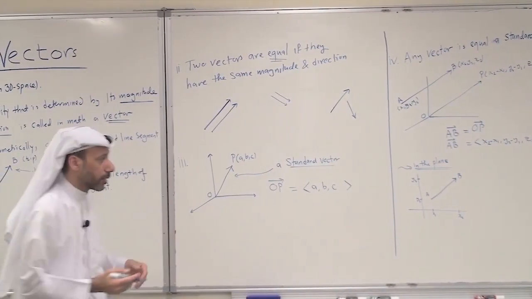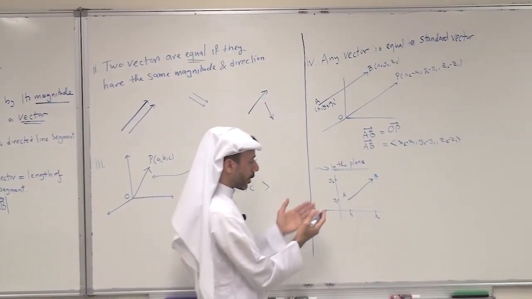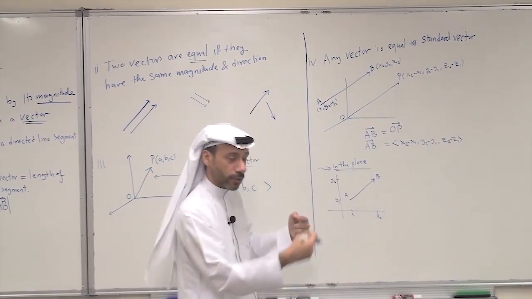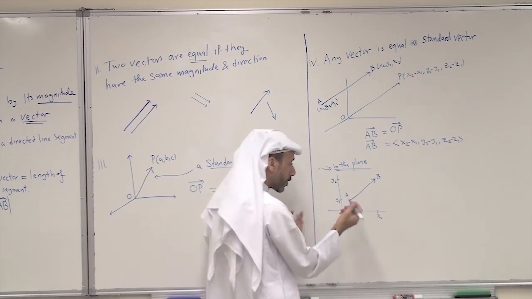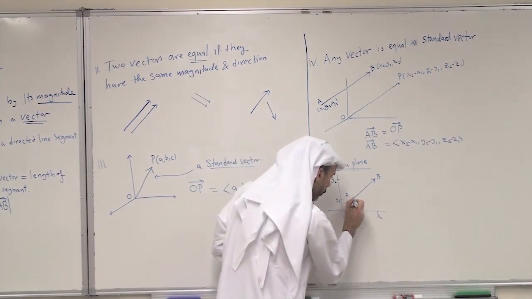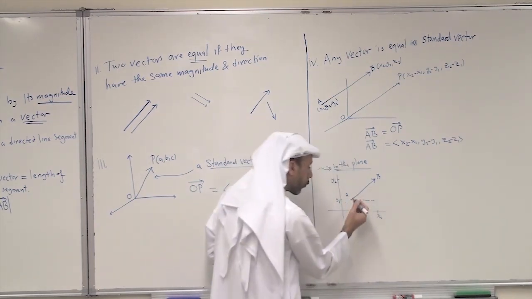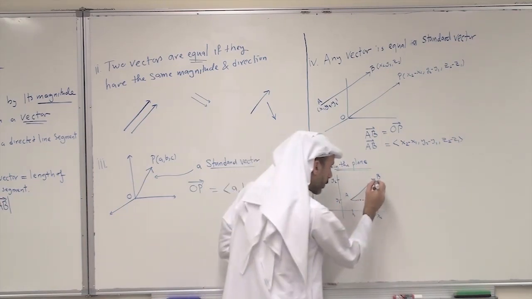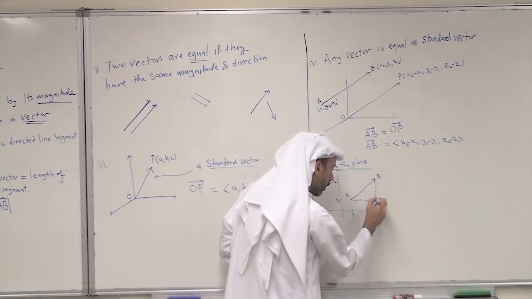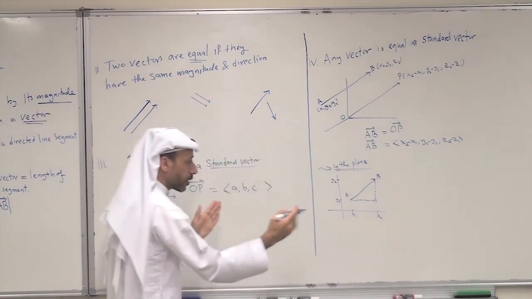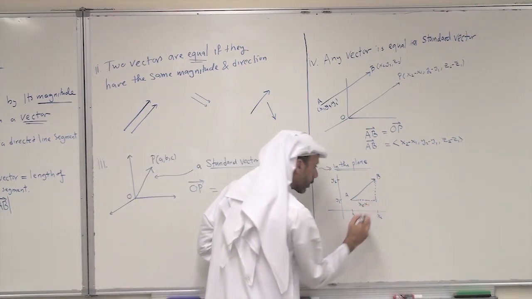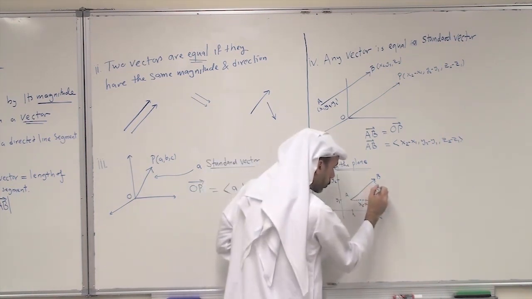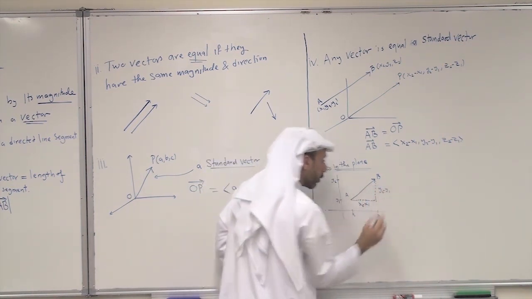So this is the vector here. I need the standard vector that is equal to this vector AB. In fact, to find the standard vector, just find the horizontal distance. If we go from A to B, there is a horizontal distance and a corresponding vertical distance. The horizontal distance is just x2 minus x1. The vertical distance is y2 minus y1.